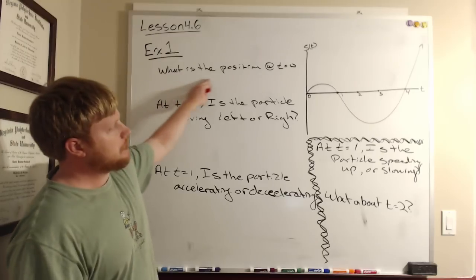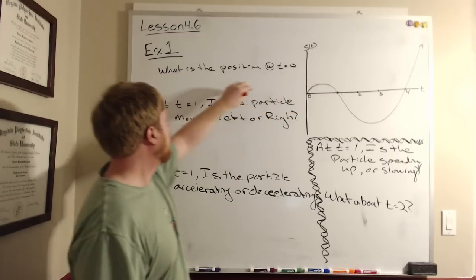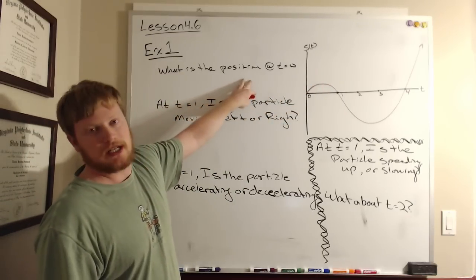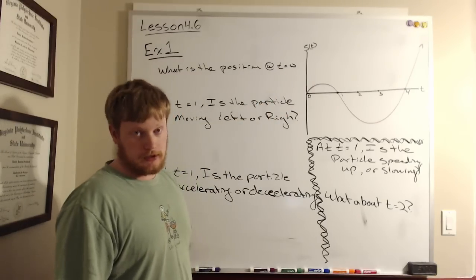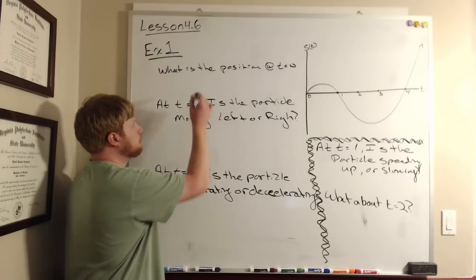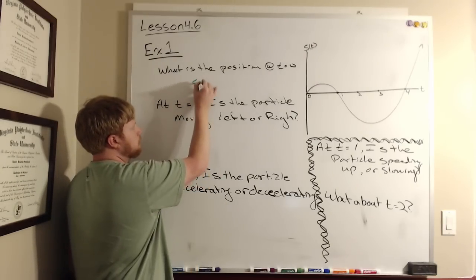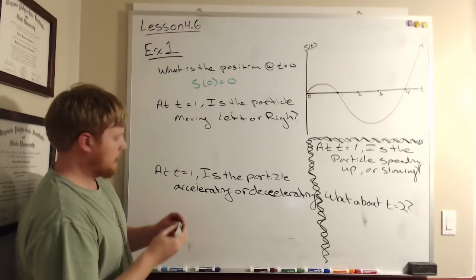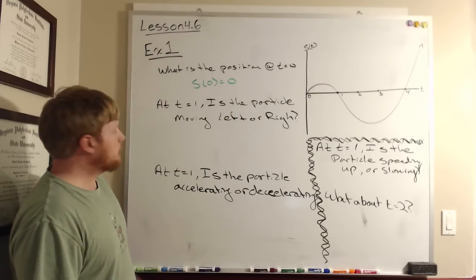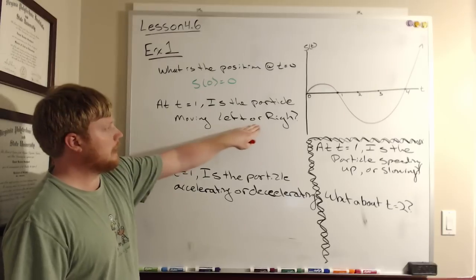So the first question about this graph is what is the position at time t equals 0? It's 0. Sweet.